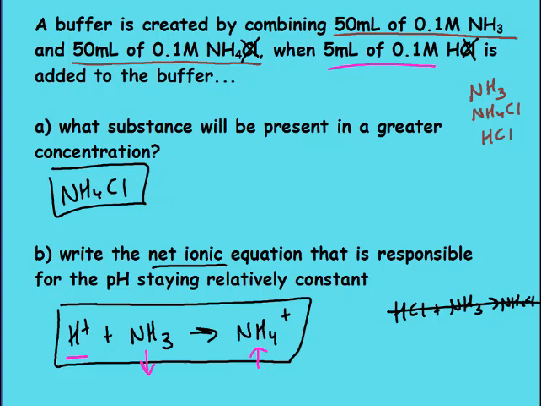And it doesn't say it in the problem, but after it's done reacting, I'm going to have more acid than I do base. So if I have more acid than base, what we just saw on the previous problem, my pH would be less than pKa.